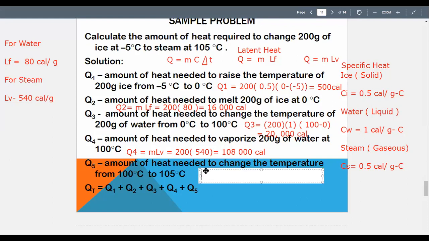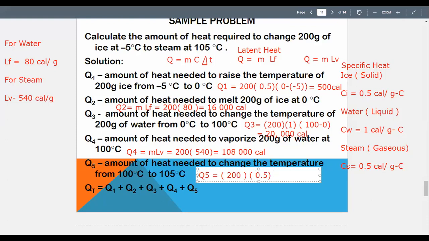heat needed to increase the temperature of our steam. Now our steam's temperature will not rise until all of it becomes steam. If there is still liquid water there, then you cannot raise the temperature. So the value there is still M C delta T, which is still 200 grams of steam. But the specific heat of steam, as you realize from this end, is 0.5.